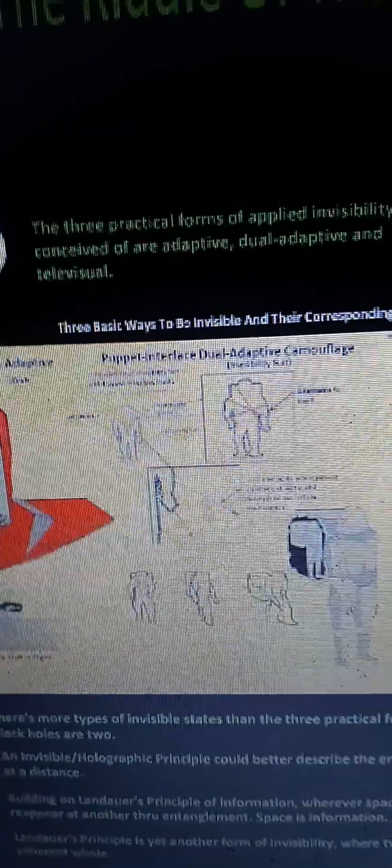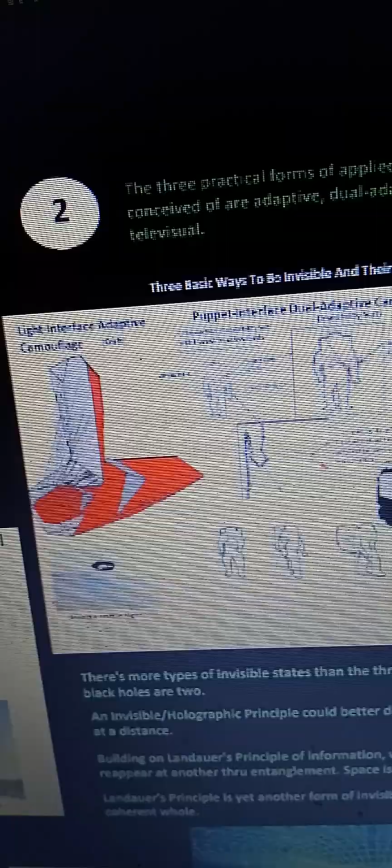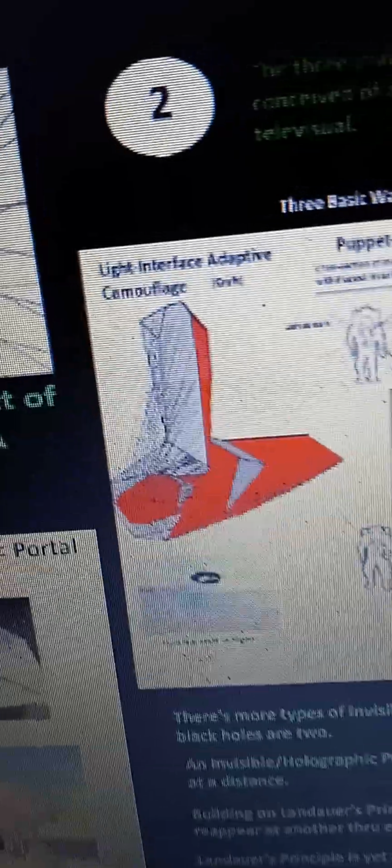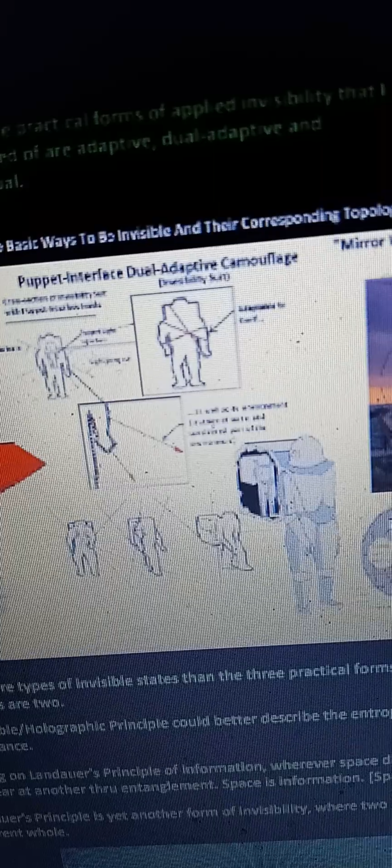The three practical forms of applied invisibility that I conceive of are adaptive, which is this, using the light interface concept, a craft; dual adaptive, puppet interface, dual adaptive camouflage, invisible suit. If you can't read that, that's cool.